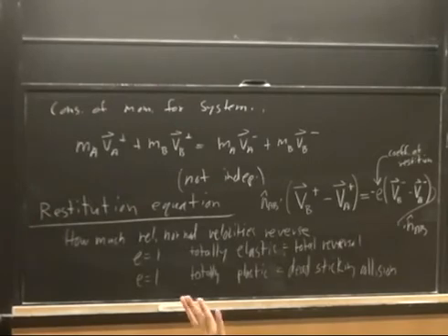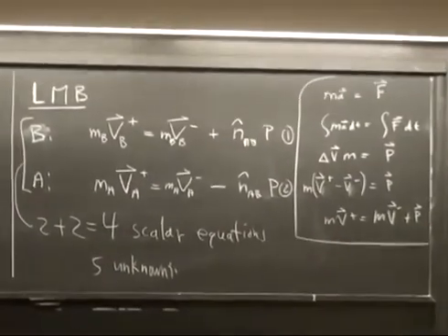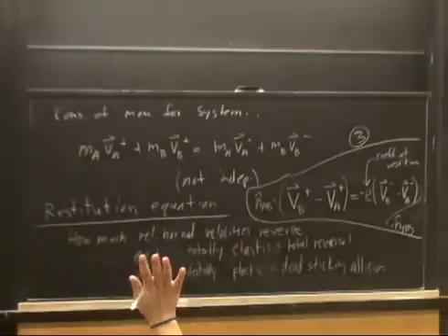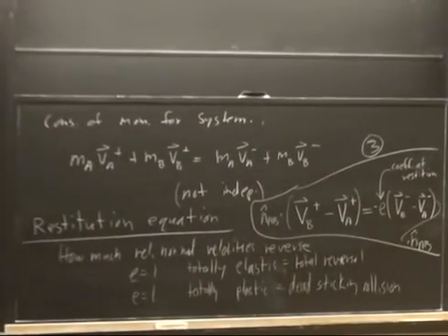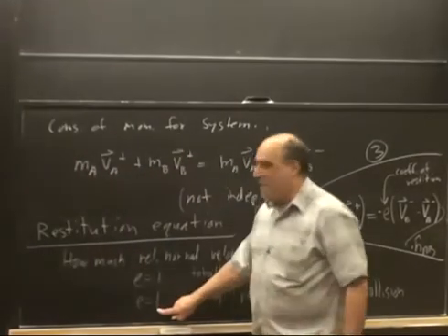Okay, so now if we're going to number these equations, we can number this 1, 2, and 3. So now we have, what did I do wrong? This is for very small values of 1.